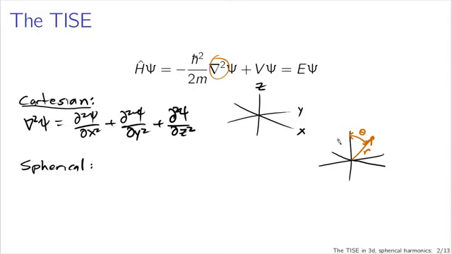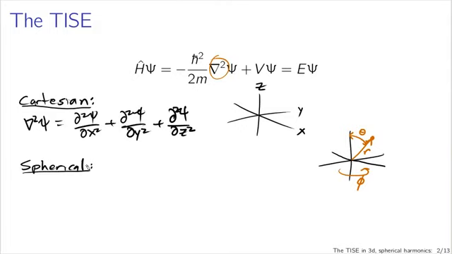And the azimuth, the angle around the z-axis, we call that angle phi. So r, theta, and phi, for distance, polar angle, and azimuthal angle, is our coordinate system here.